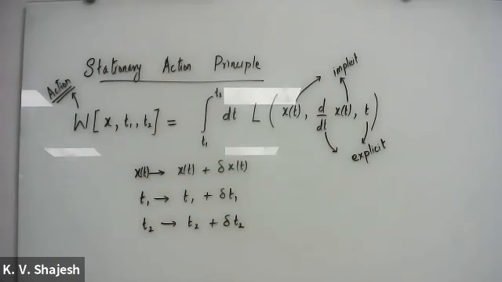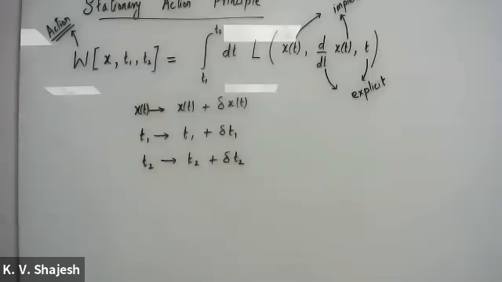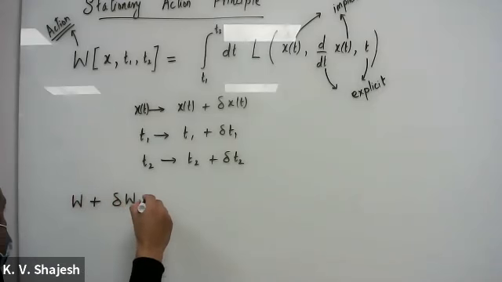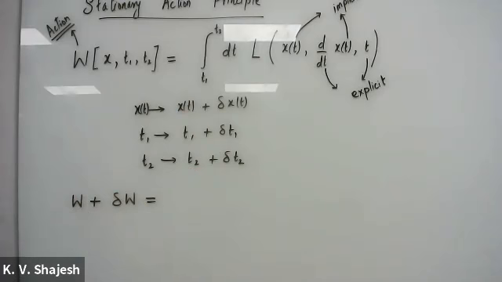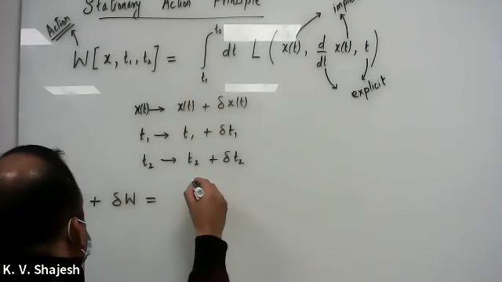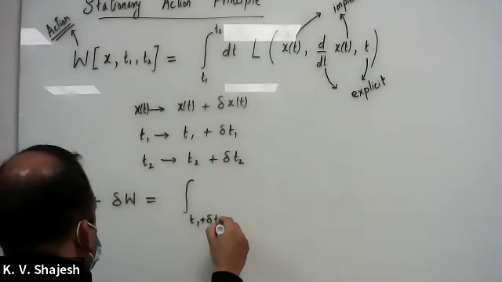And we would like to know what is the change in the action due to these arbitrary variations. So we do this algebraically. So the new action will be W plus delta W. Because of these three variations, there is a change in the action. And that will be given by, let me just explicitly write this down.